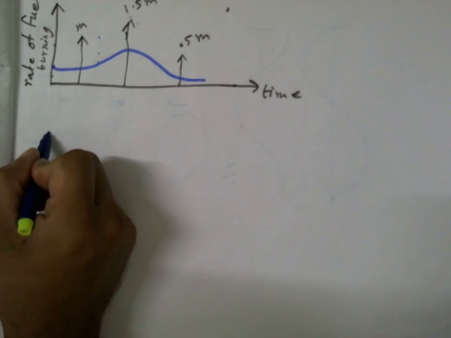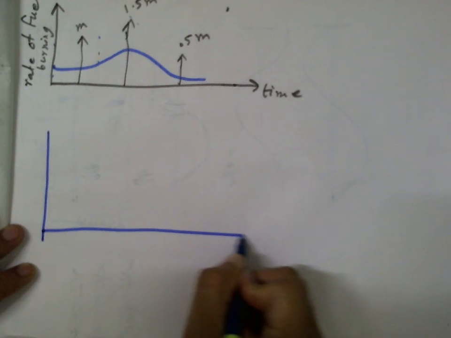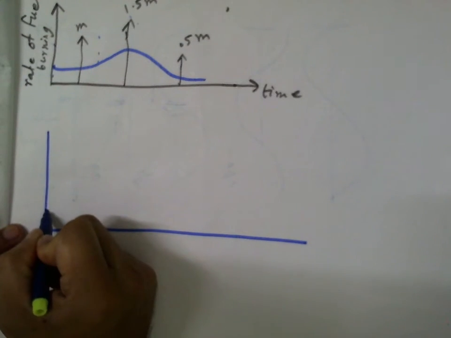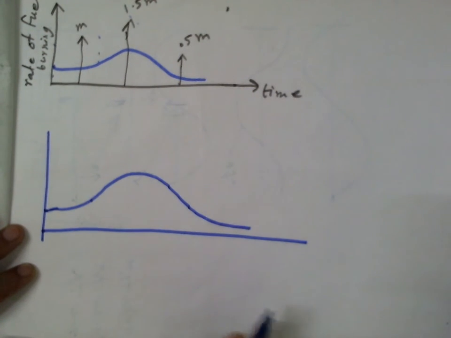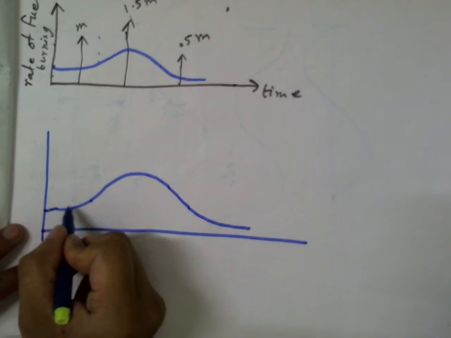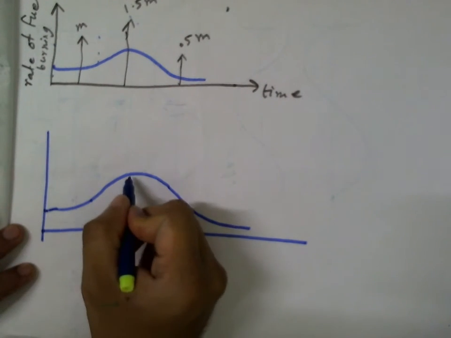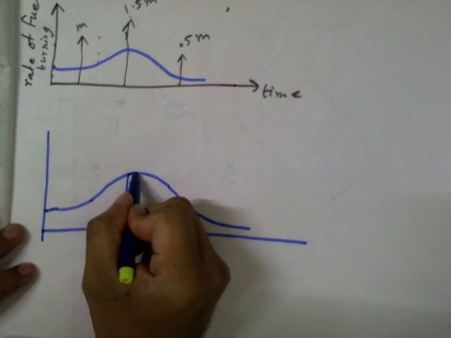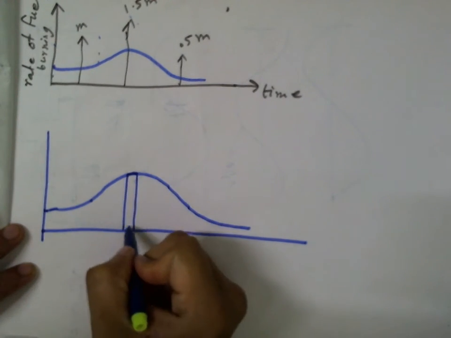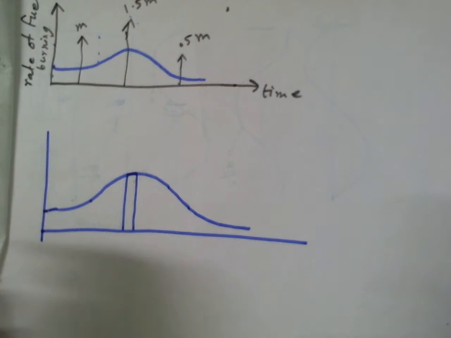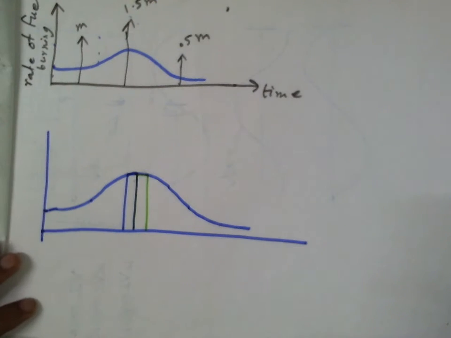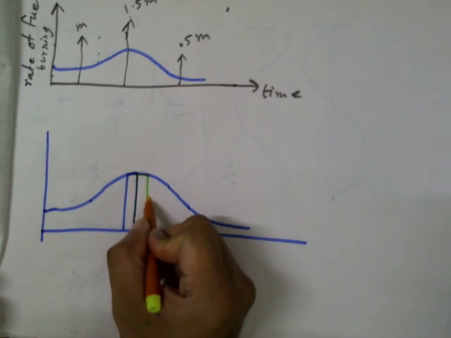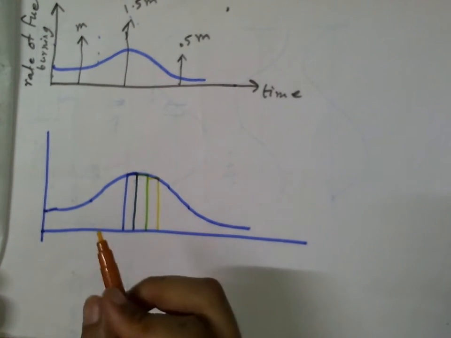Let me redraw this curve once again. This is how the fuel is burning as a function of time. I will decompose this into small patterns like this. This is one, this is two, the green one, this is three, the yellow one.